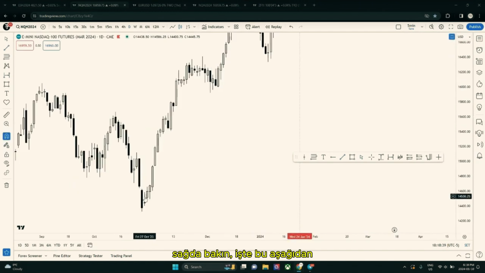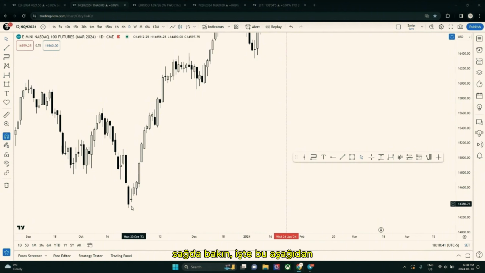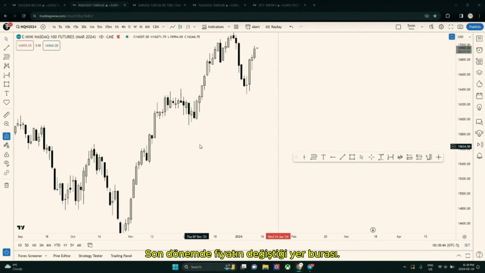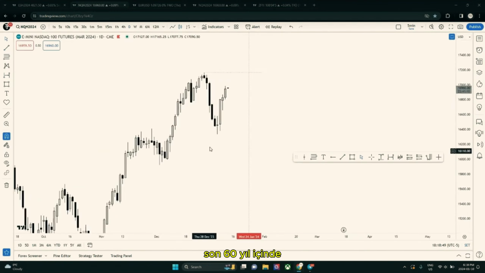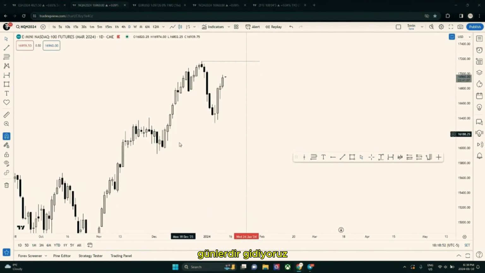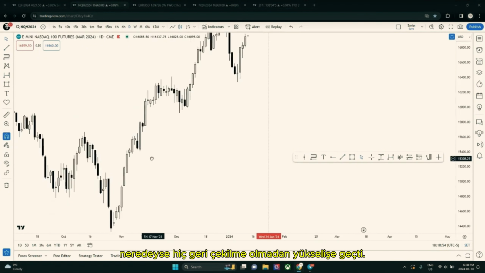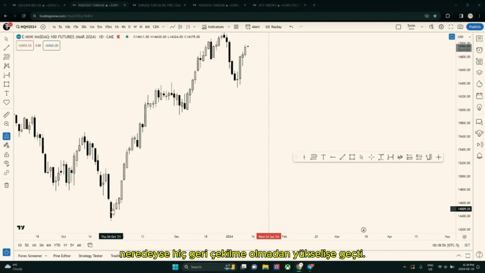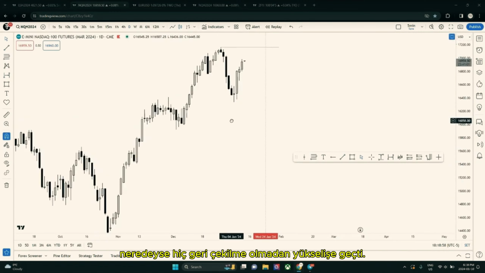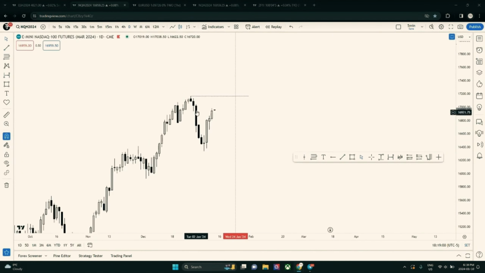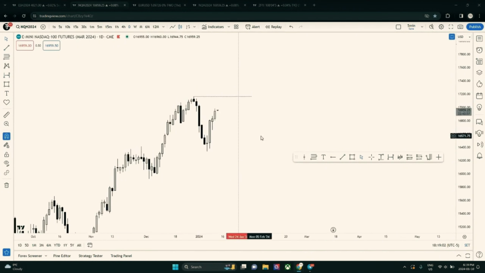Right, so from this low, which is where price shifted within the last 60 days, we've been going up with barely any pullbacks, right? Right now, we are getting really close to where the next quarterly shift should take place.